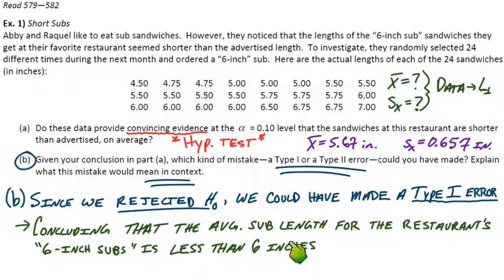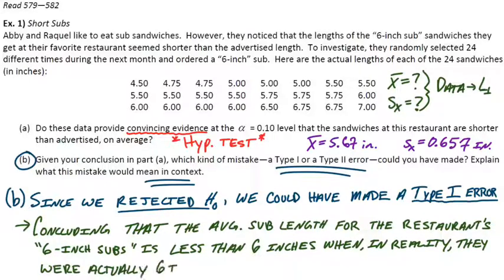Basically, accusing the restaurant of selling subs that are less than 6 inches on average, when in reality they were equal to 6 inches or maybe even bigger than 6 inches. So a type 1 error in this case would be accusing the restaurant of selling short sandwiches, when in reality the sandwiches were just fine in length. Heck, they might even have been a little bit bigger on average. We might have just gotten a bad sample.